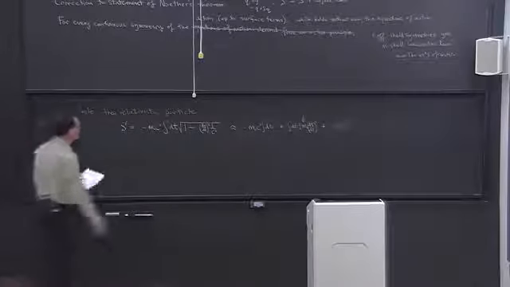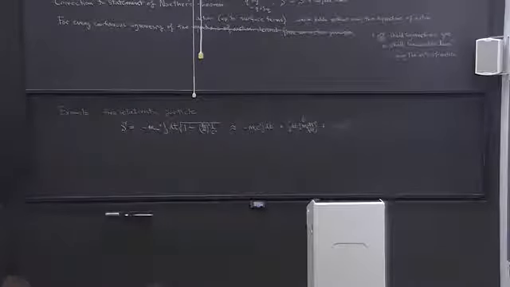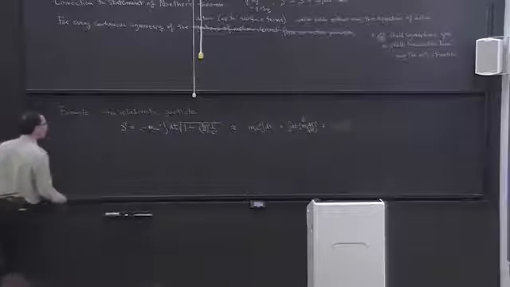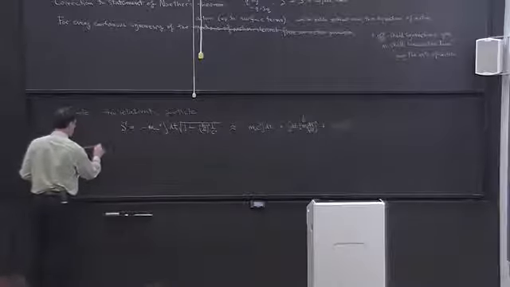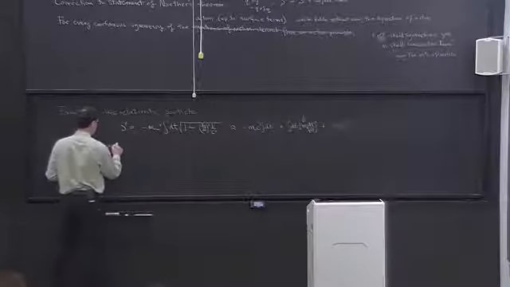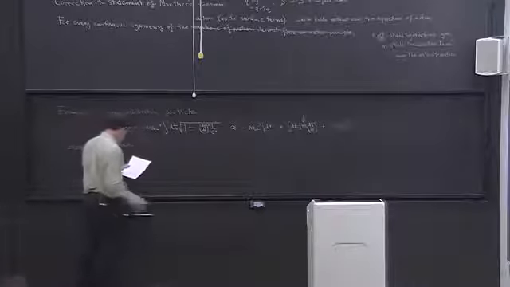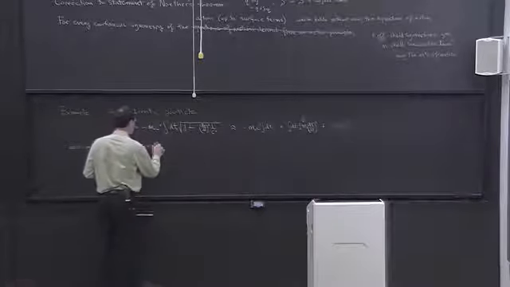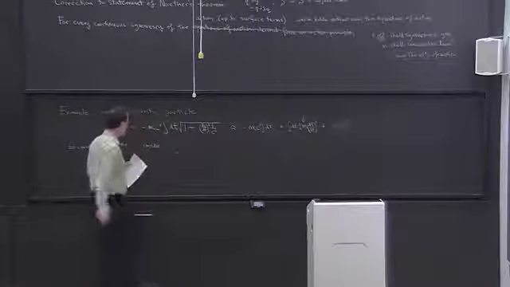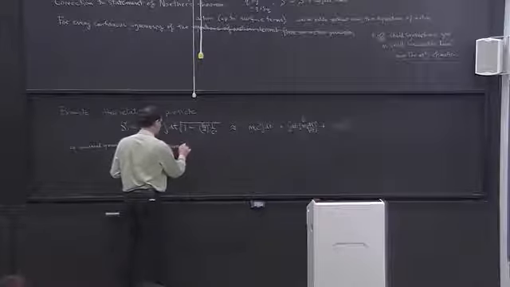So we're going to start from this action and just derive the corresponding conserved quantities. So first of all, consider the simplest symmetry of this action, which is spatial translation.